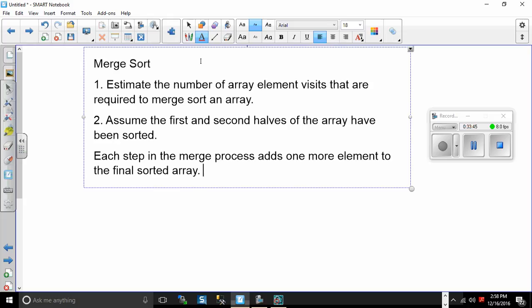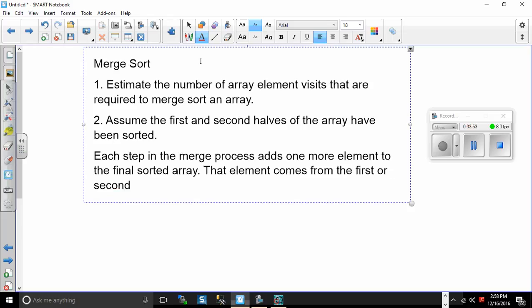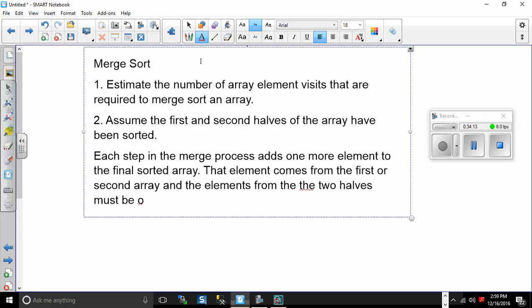That element comes from the first or second array, and the elements from the two halves must be compared.